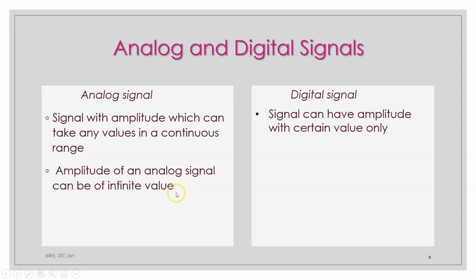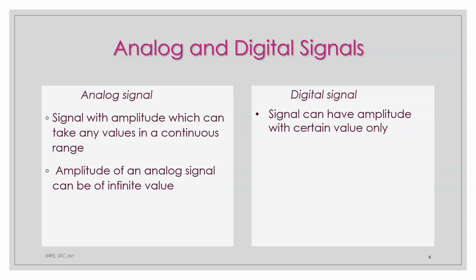For a digital signal, the signal can have amplitude with certain values only. We already determine the certain values of a digital signal. The easiest one is 0 and 1. That is a digital signal.